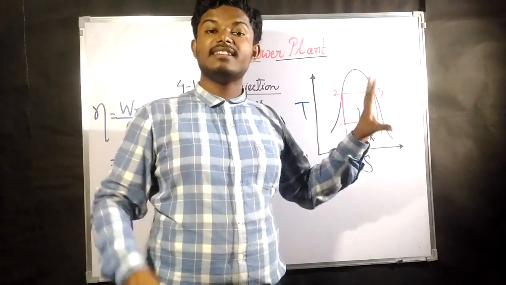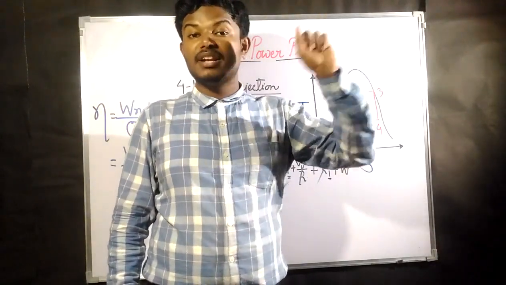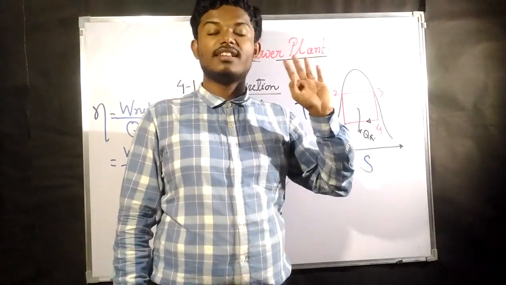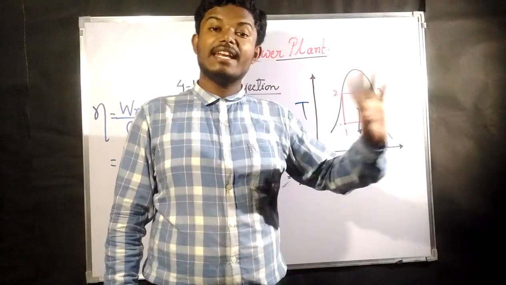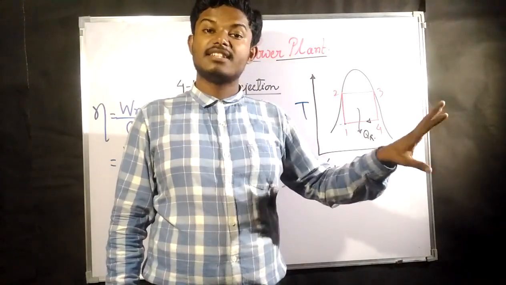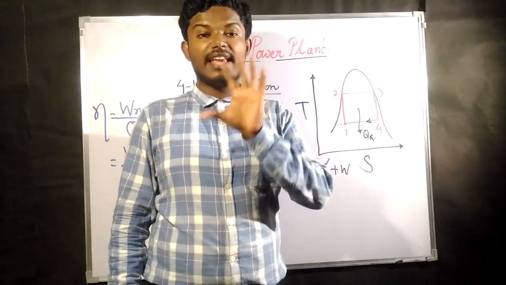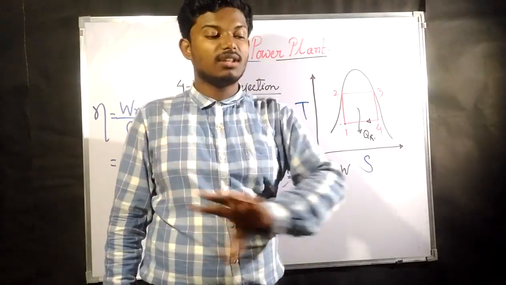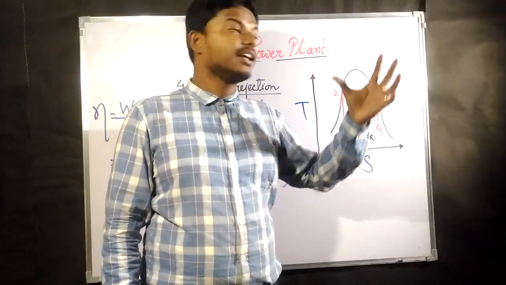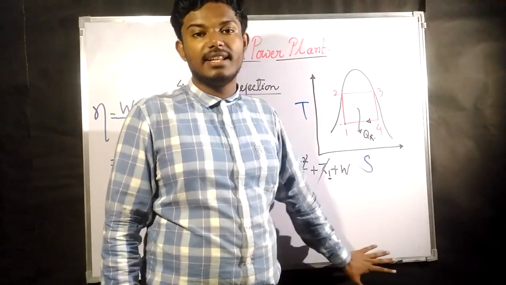The Carnot cycle is going to have the highest efficiency for a given temperature difference. If you take any process, either refrigeration, steam power plant, or air standard, for every cycle the Carnot cycle is the ideal one. So we are considering the ideal cycle, but it is not practically used.